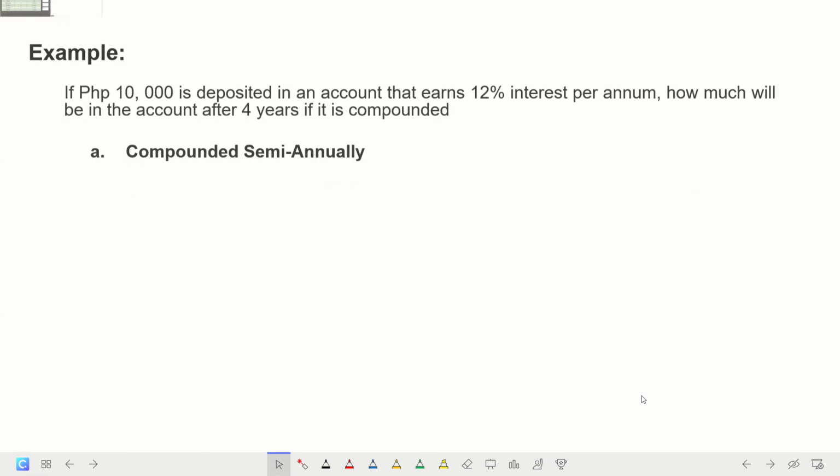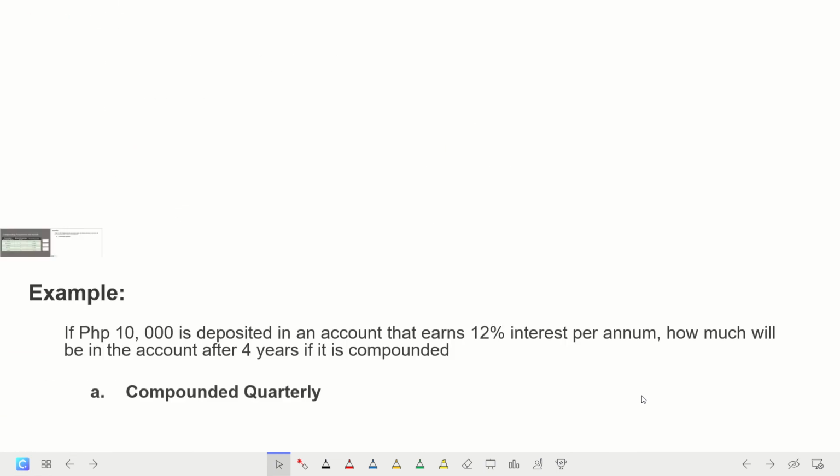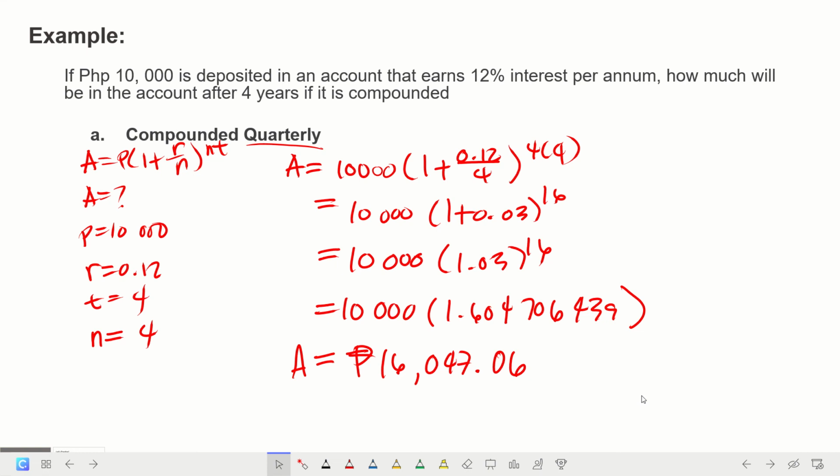When we compounded it semi-annually, it increased by some hundreds, to 15,938. And when we compounded it quarterly, the value became 16,000. But the deposited amount and the interest are the same. So, therefore, in compound interest, the more number of compounding, the greater the return to you. The increase in your deposited or initial principal value is greater.